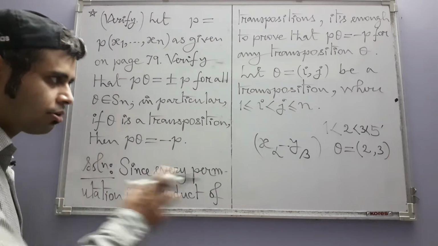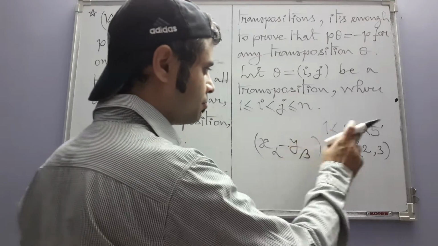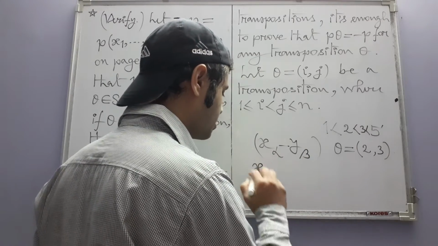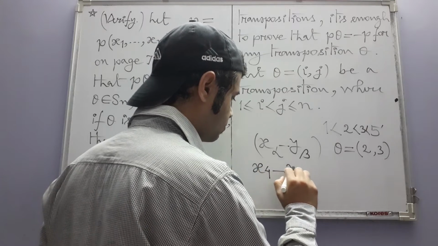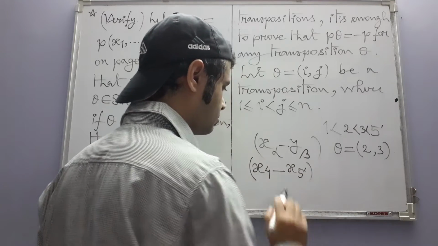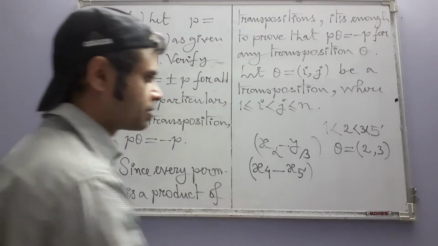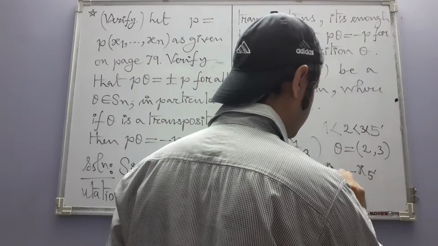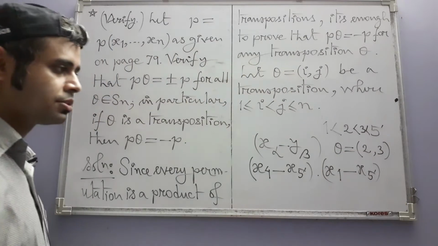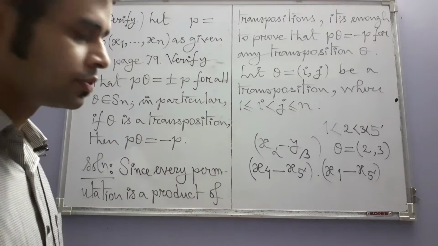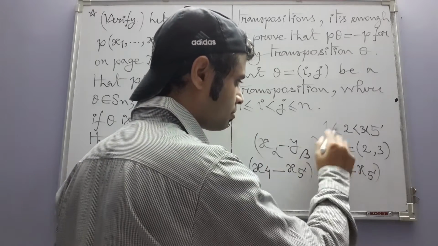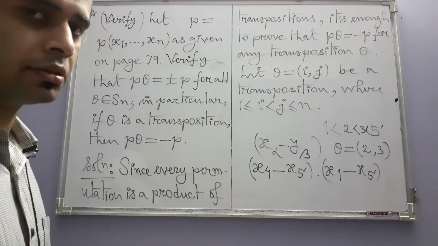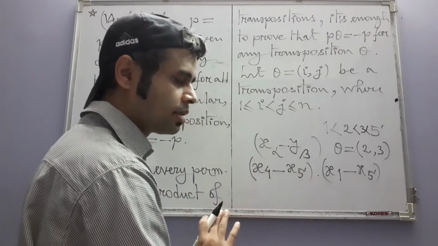Then our original polynomial, which will then be in 5 variables, will have a factor which looks like this, x4 minus x5, and it will also have a factor which looks like this, x1 minus x5. This type of factors will not be affected by theta, because this transposition does not do anything to 4 or 5 or 1. So these factors will stay the same.